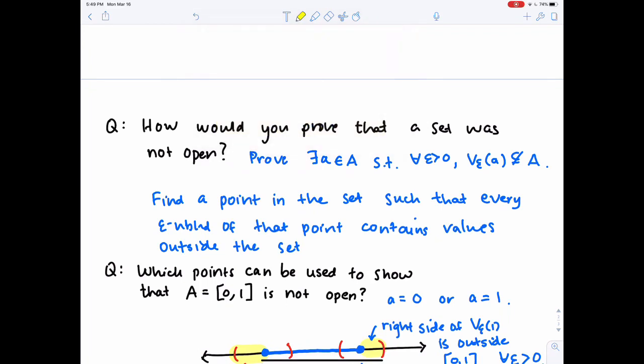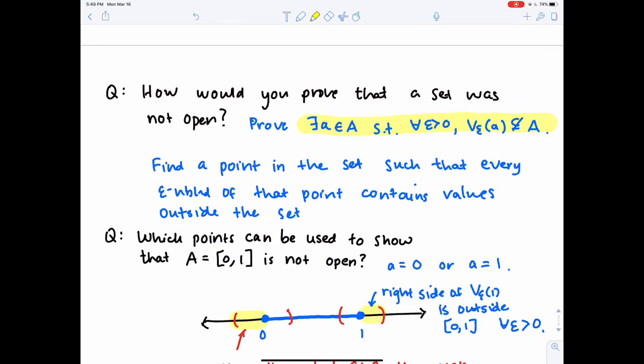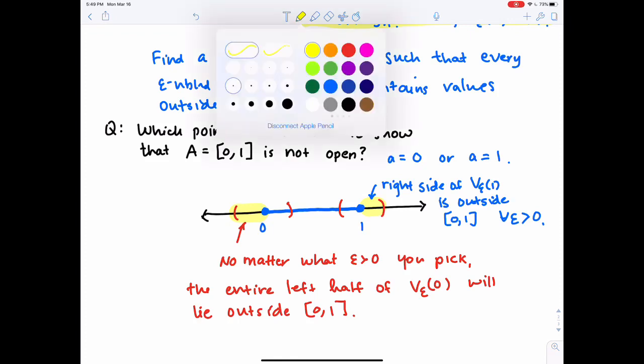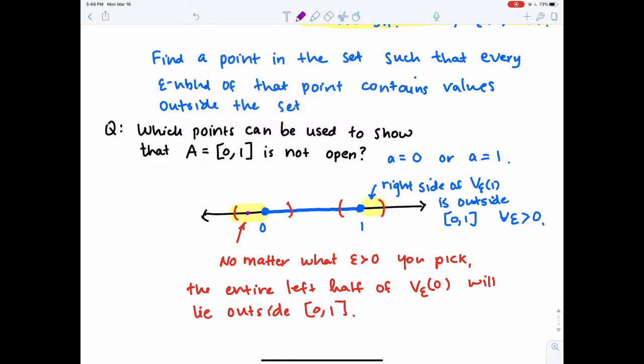So the structure of my proof would follow the format that I would use for there exists an A. I would say, let A be 0, let epsilon be arbitrary, and then I would need to argue that for any choice of epsilon, I can always find a point in the neighborhood that's not in A. So if I go back down here to my picture, I want to come up with an actual value that I know for sure is in my neighborhood of 0, but not in the set.